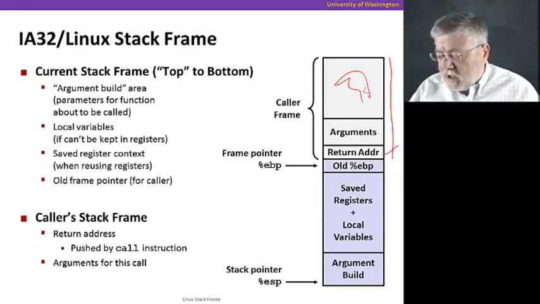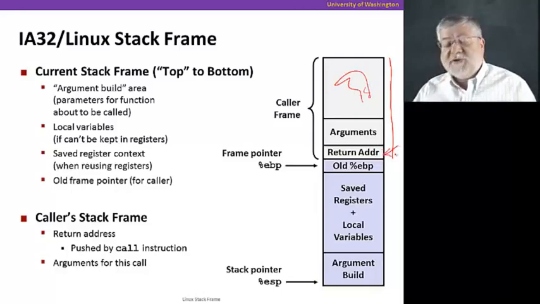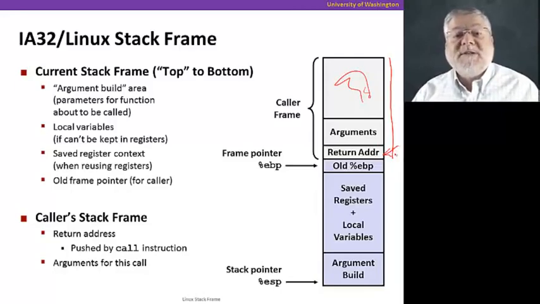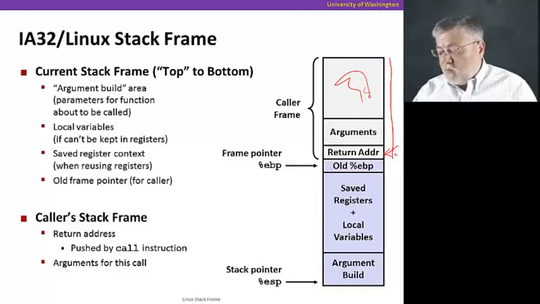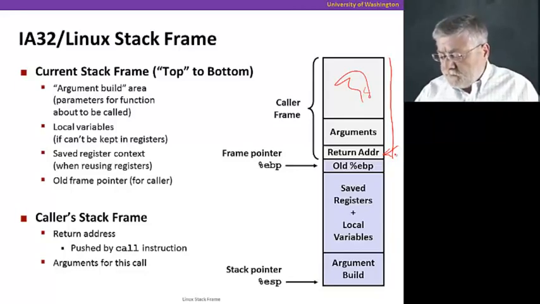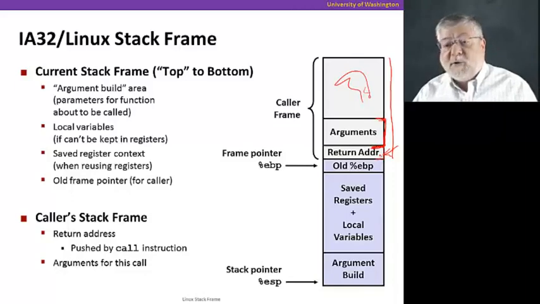And then when it makes the call, it also stores the return address that it wants the system to return to when the callee procedure is finished. So what the caller has done is built up an area where it's put in the arguments to the callee function, and then a little bit more space for that return address.